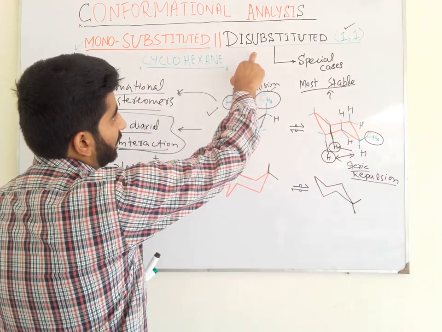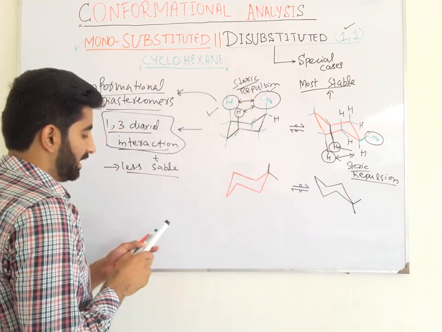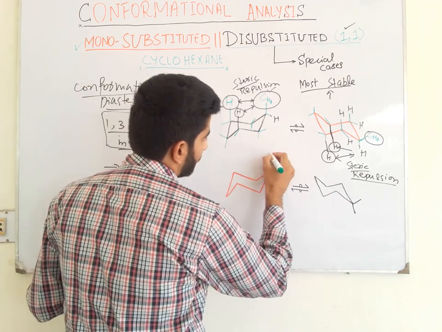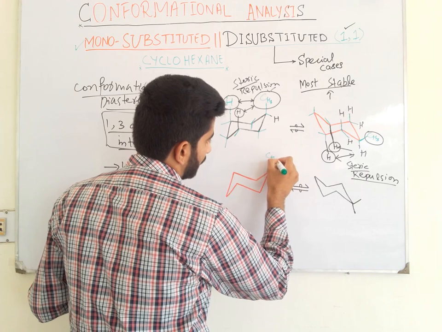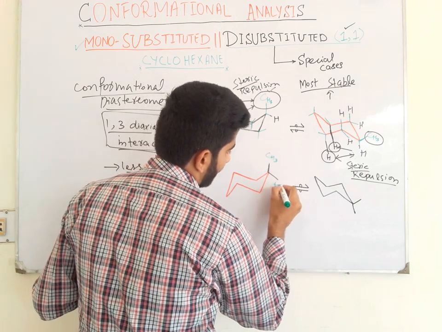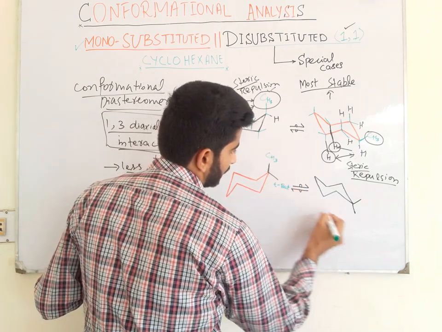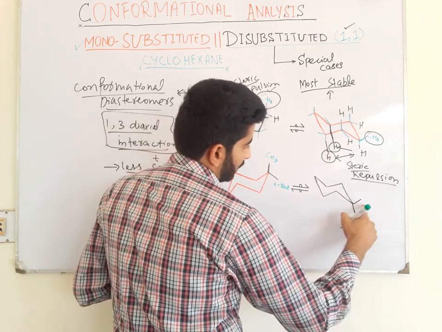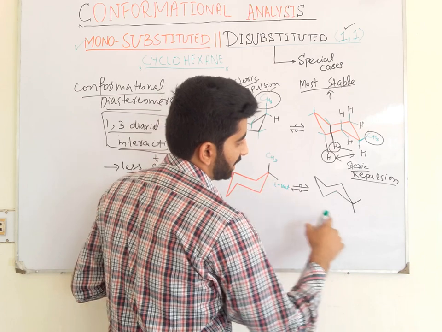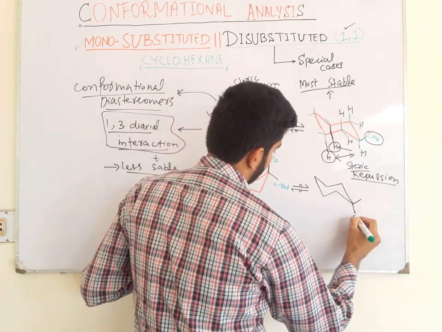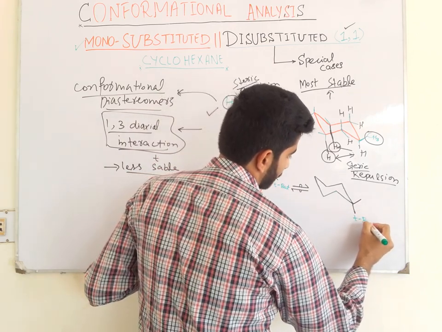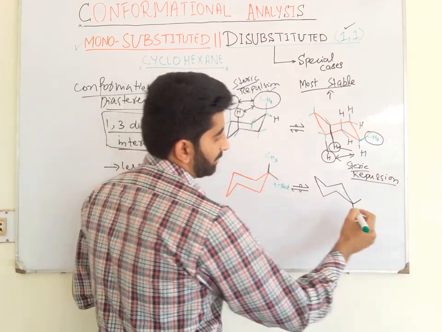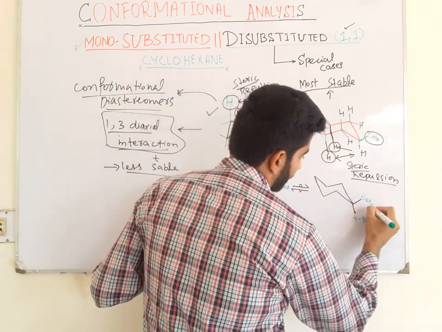As we discussed for the 1,1 disubstituted system, if there is a methyl group here and a tertiary butyl group present here, this equatorial down becomes axial down, and the axial up methyl becomes equatorial up methyl.